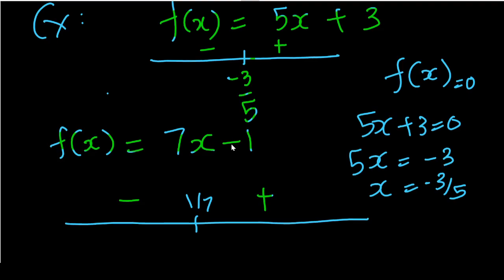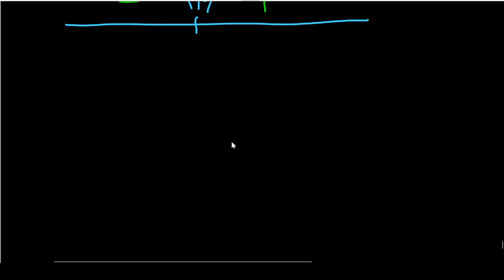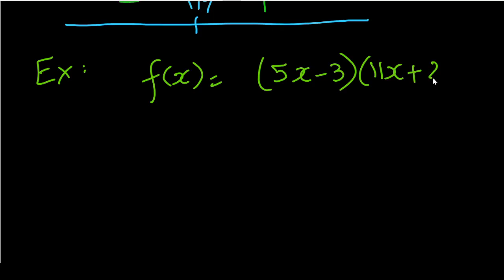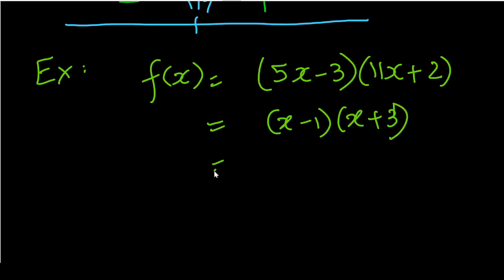For example, f(x), let's say one linear expression is 5x minus 3, 11x plus 2, x minus 1, x plus 3. If two linear factors are multiplied, we will get a quadratic expression.